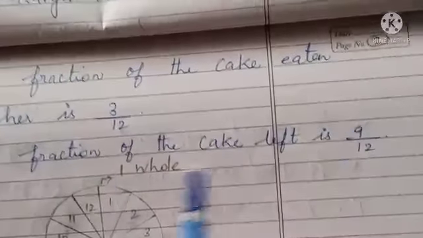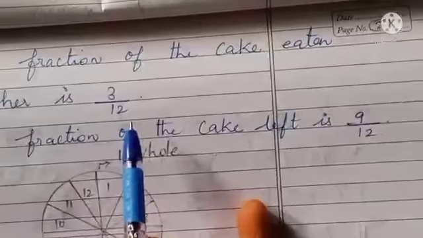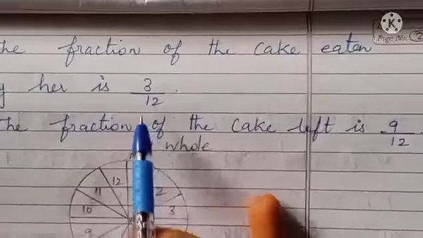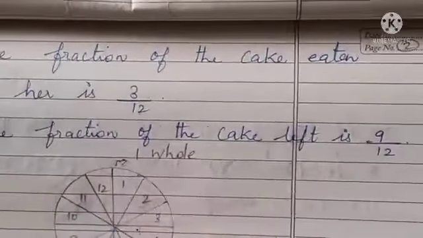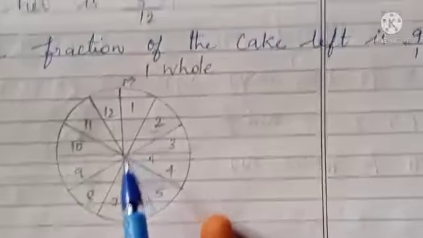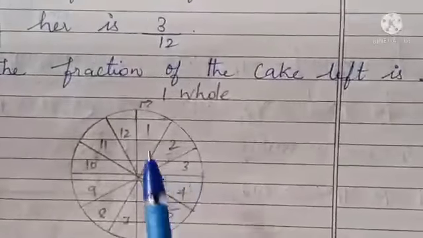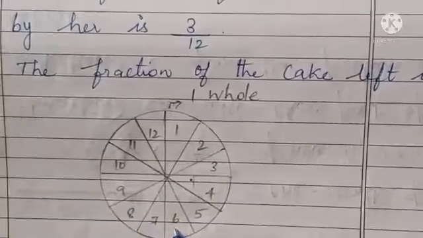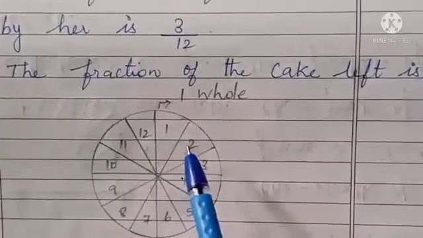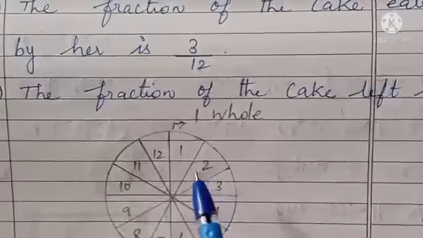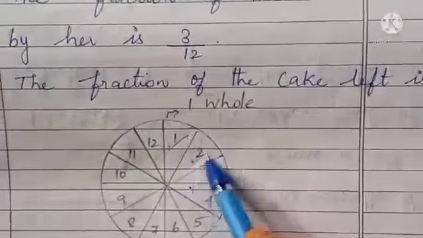How did it come? You have to subtract from the whole part. What is the whole part fraction? 12 we are going to divide into equal parts. Assume this is the cake and we divide it into 12 equal pieces: 1 2 3 4 5 6 7 8 9 10 11 12. How much of the cake did Kavya eat? 3 slices, so 1 2 3.